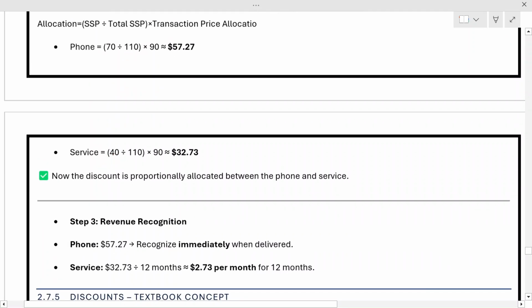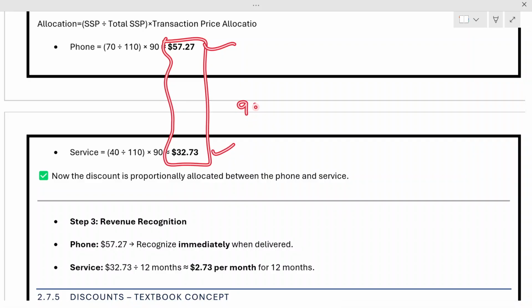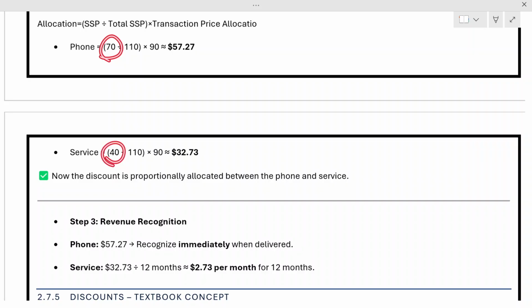So you can see this $90 is allocated between both of them, and if you total them, these will become $90 here. So what is exactly happening is the discount is itself getting proportionated based upon the standalone selling prices. Now the discount is proportionally allocated between the phone and services.